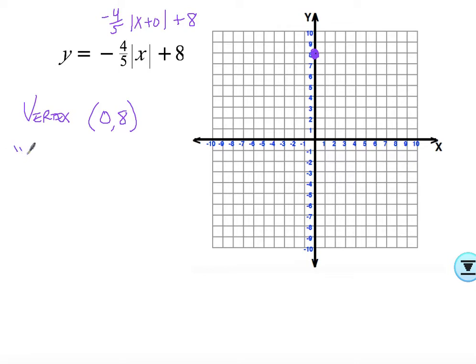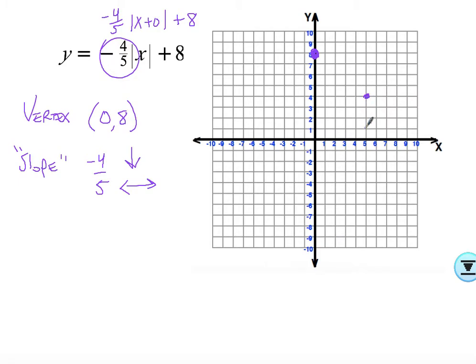Now for this problem, the slope is this number out in front, which is -4/5. That means I'm going to move down 4 and then over 5. From my vertex, go down 1, 2, 3, 4, over 1, 2, 3, 4, 5. Do that again.